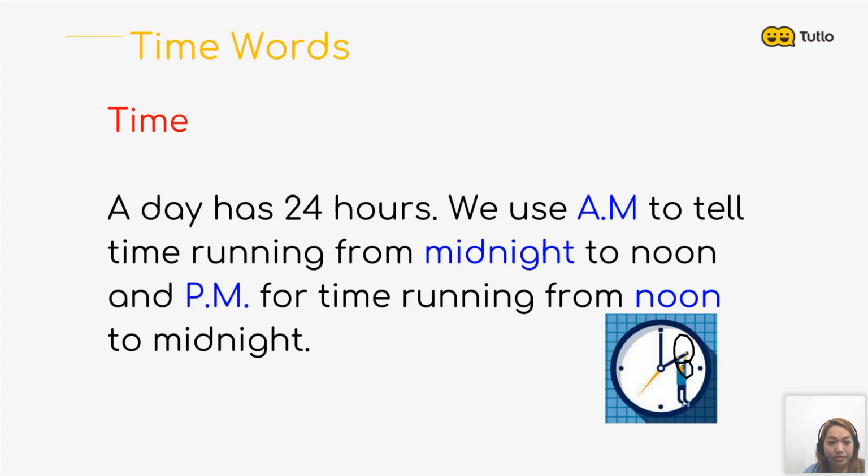And then there's a minute hand. The time is usually based on a 12-hour clock. A day has 24 hours. We use AM to tell time running from midnight to noon, and PM for the time running from noon to midnight. I notice a lot of people mistakenly use AM and PM.